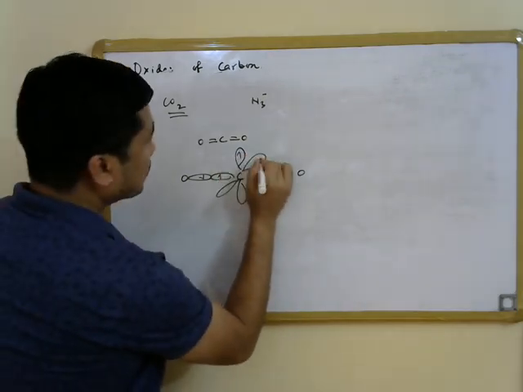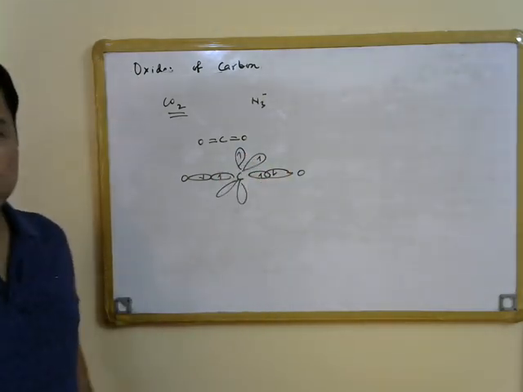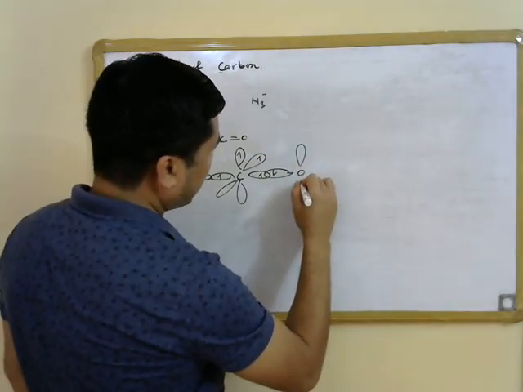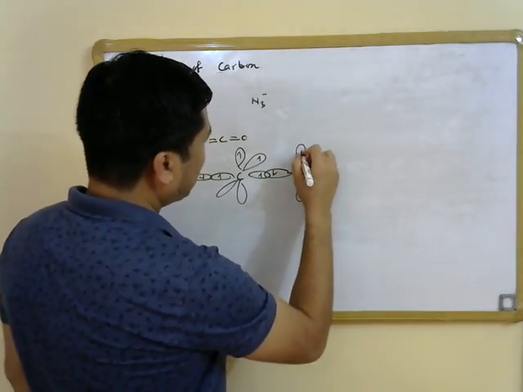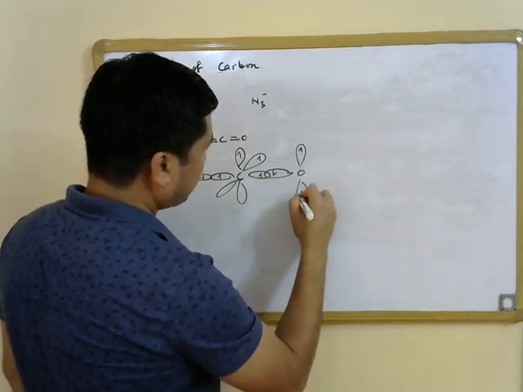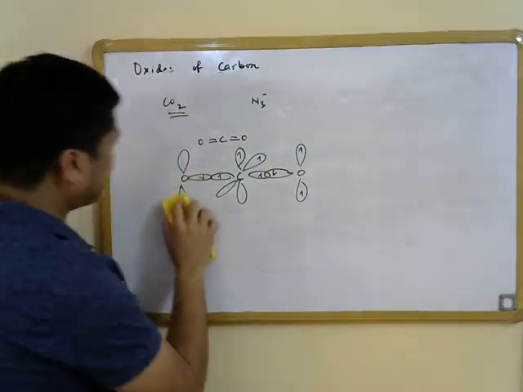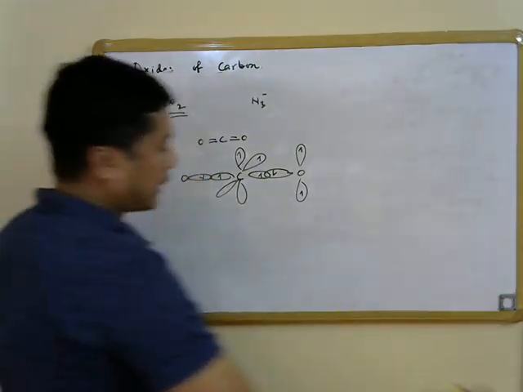Both of these p orbitals contain one electron, and these are going to again form pi bonds with corresponding p orbitals of oxygen atom.